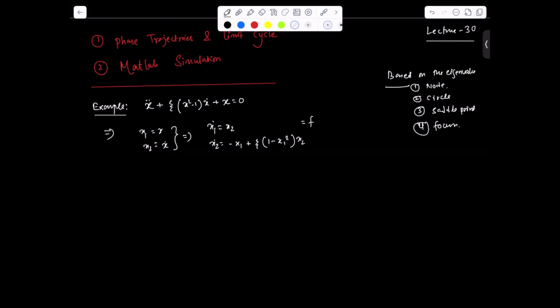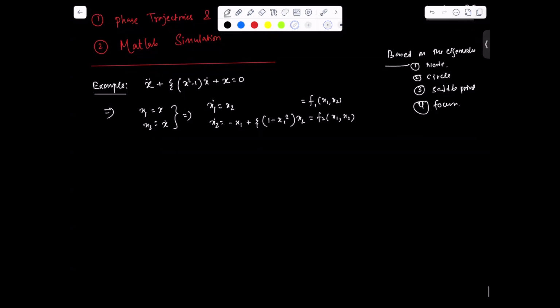Let us define this equation as f1(x1, x2) and this equation as f2(x1, x2). To find the equilibrium point, we have to put f1(x1, x2) equal to 0, or you can write x2 equal to 0.